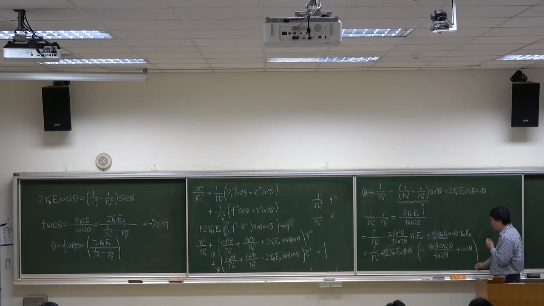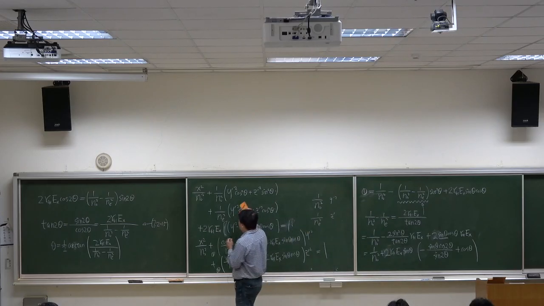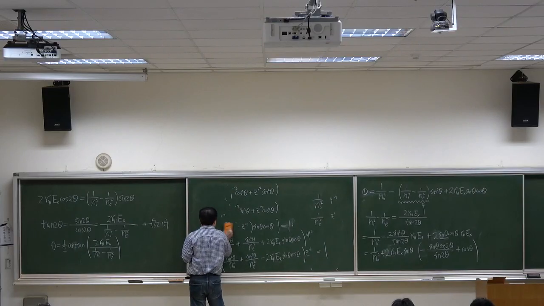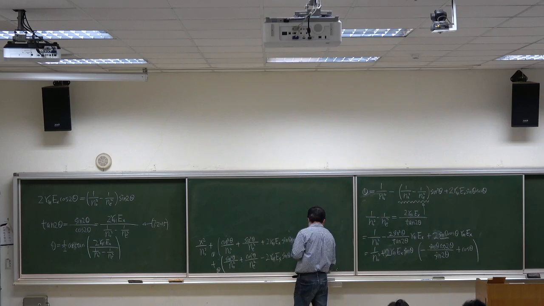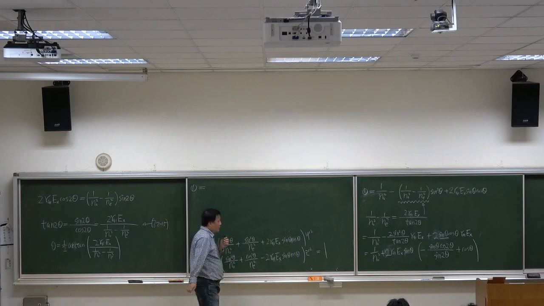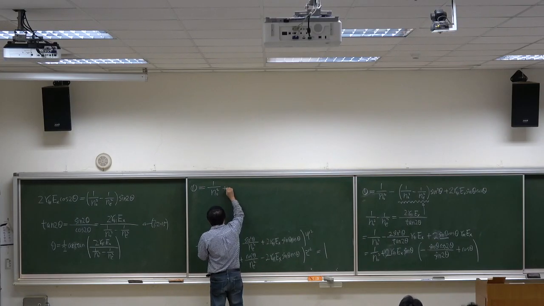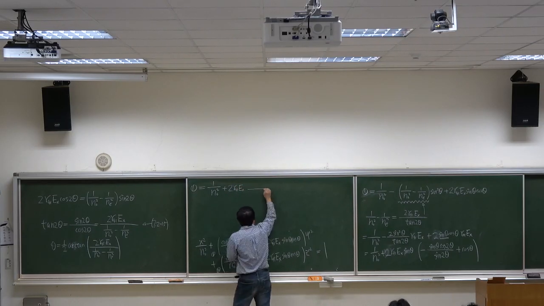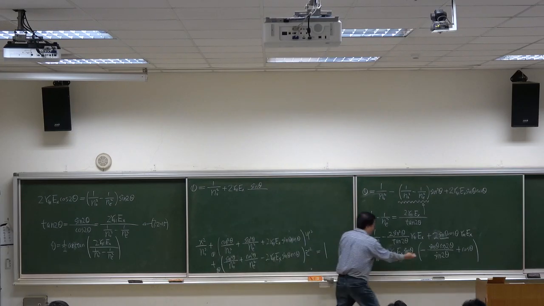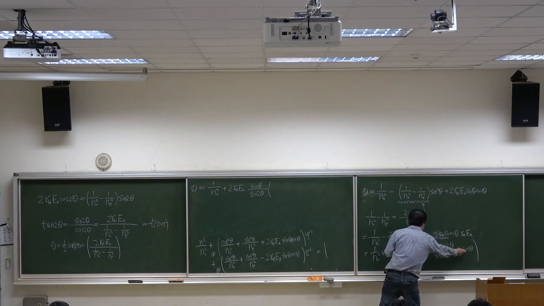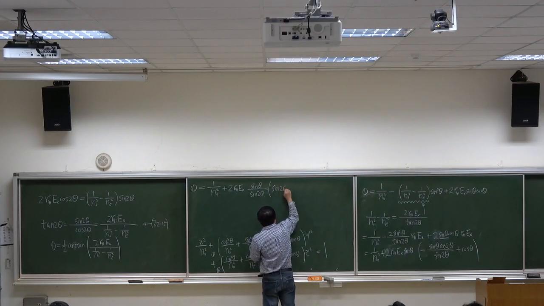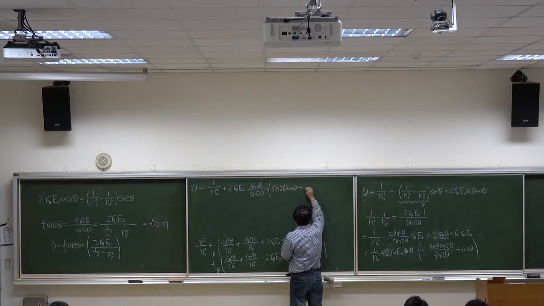Okay. 好，那我为什么要这么做呢？因为你看啊。So this means the first bracket is equal to 1 over no squared plus 2 r41 Ex times sine theta over sine 2 theta times sine 2 theta cosine theta minus cosine 2 theta sine theta.